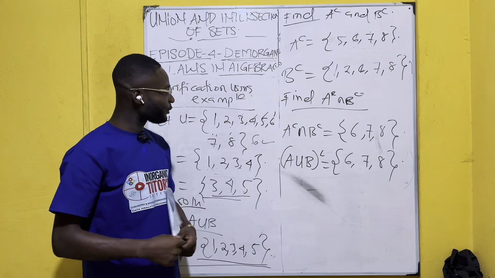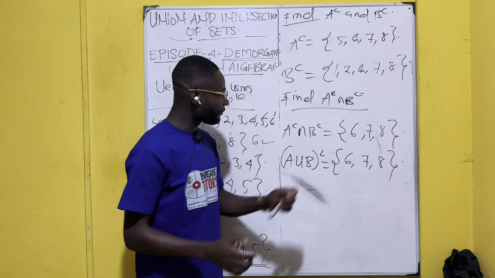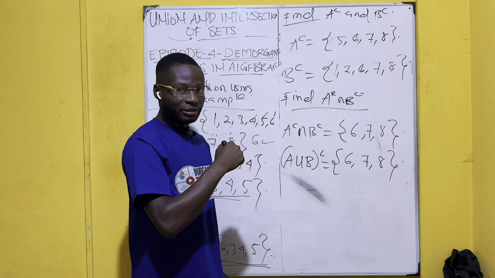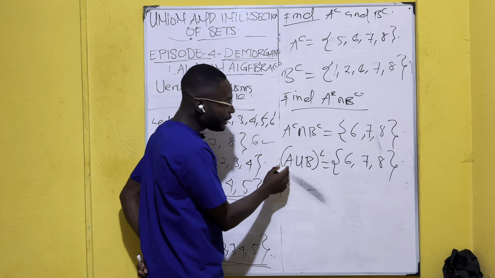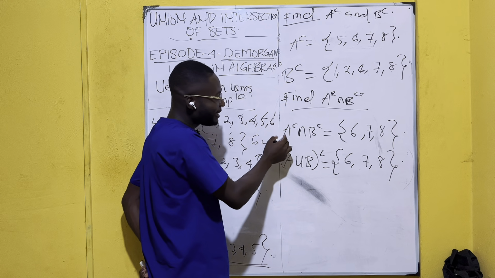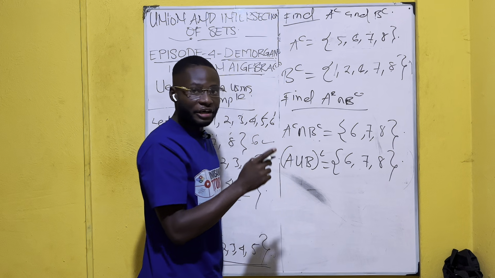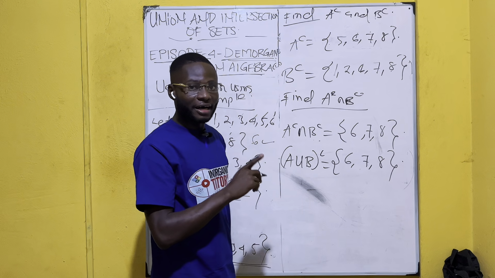Powerful. So we can see clearly from here that, remember, the first law that we stated, we said A union B complement is the same as A complement intersection B complement. And here, we have been able to verify that.